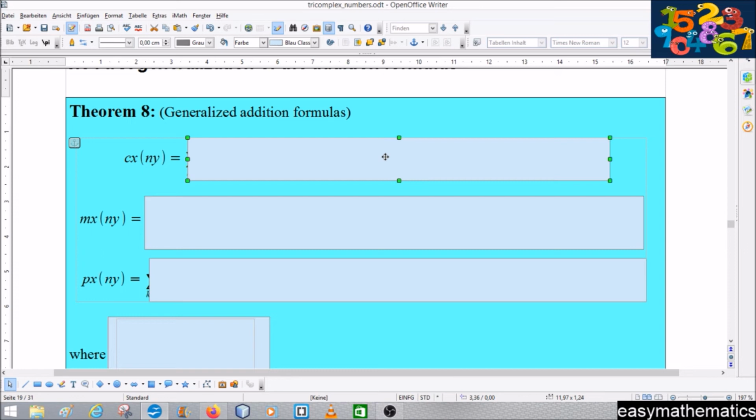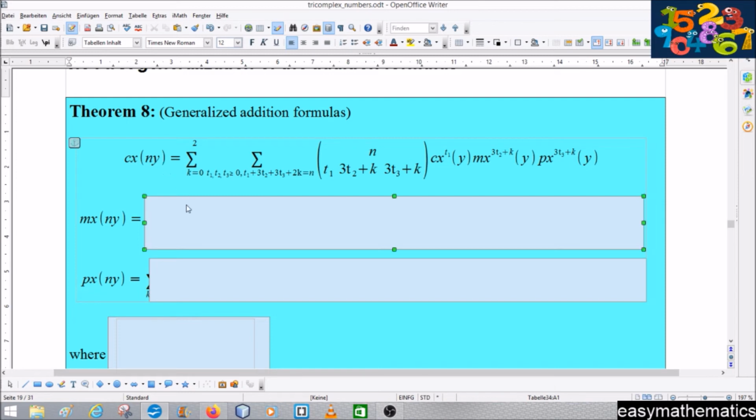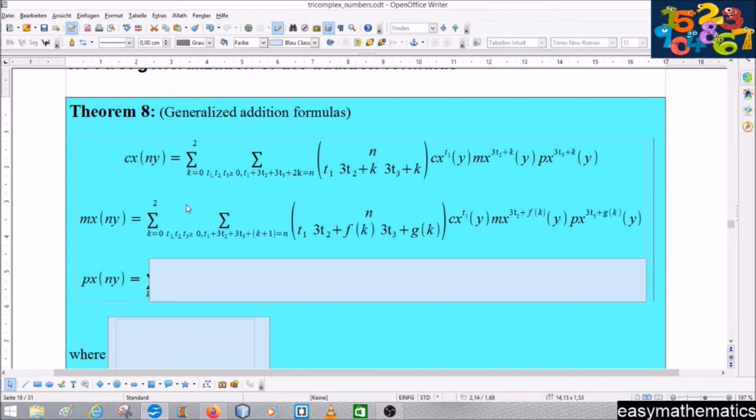And here, because we have three parts, maybe you guessed it, we have trinomial coefficients, but in a not so nice way. Please read carefully what is going on here. So this is the first multiple argument formula. Then for mx it becomes worse.